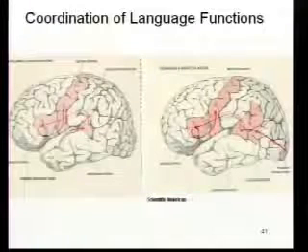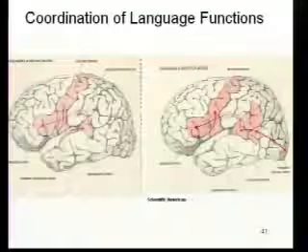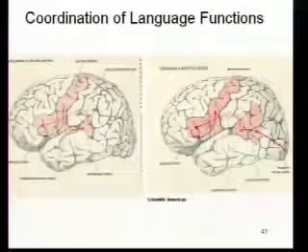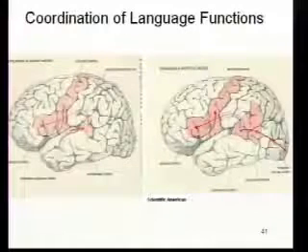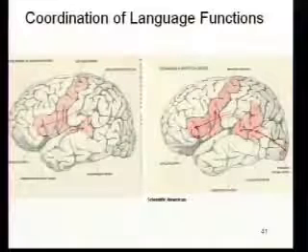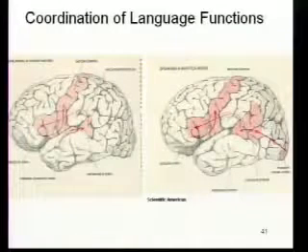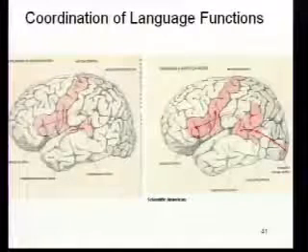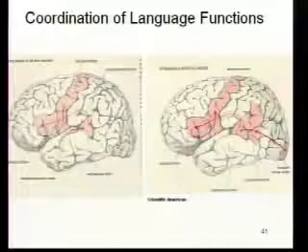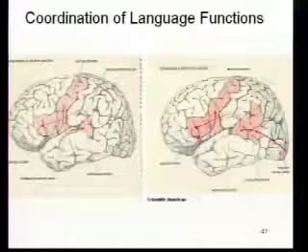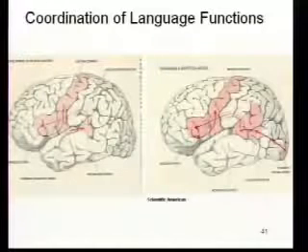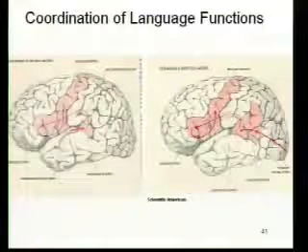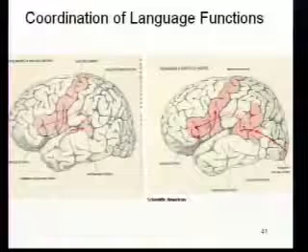Then the information is transmitted to Wernicke's area, which tries to understand the word. Then the intention to speak that word is transmitted to Broca's area, which organizes the speech apparatus and then passes information to those portions of the primary motor cortex that control the speech apparatus. So here we have four different areas that are involved in repeating what is said to the patient.